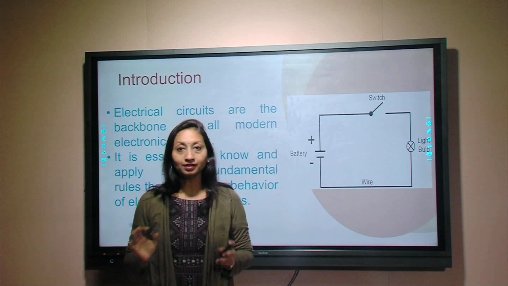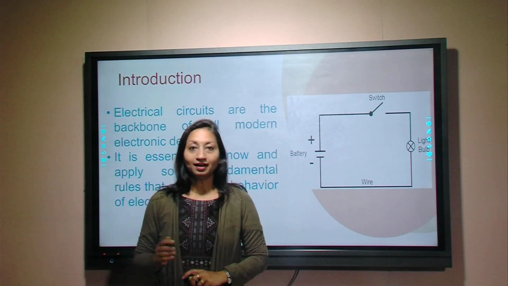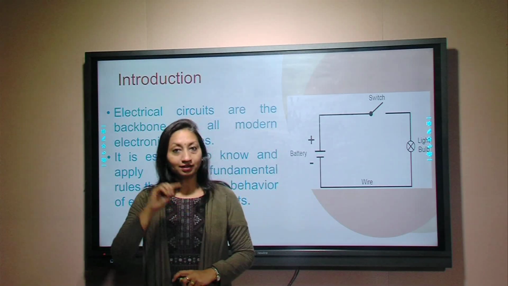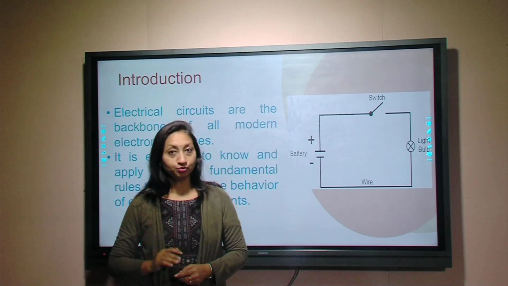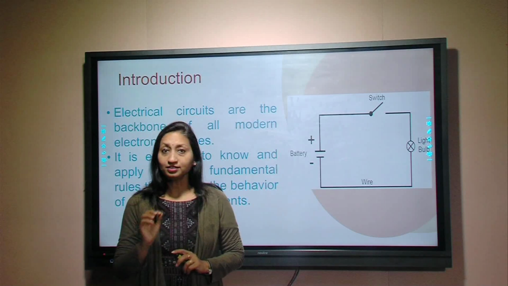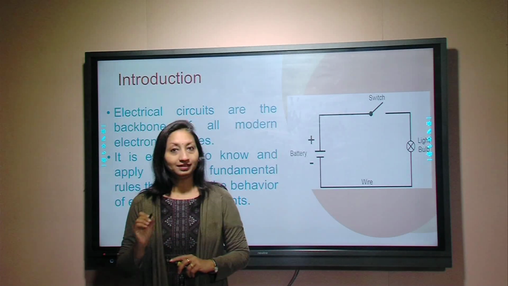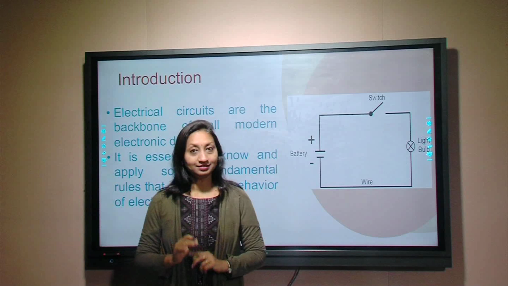So this is a simple electrical circuit, and thus the current has a complete path to flow. Hence, if a network contains at least one closed path, then it is called an electrical circuit.